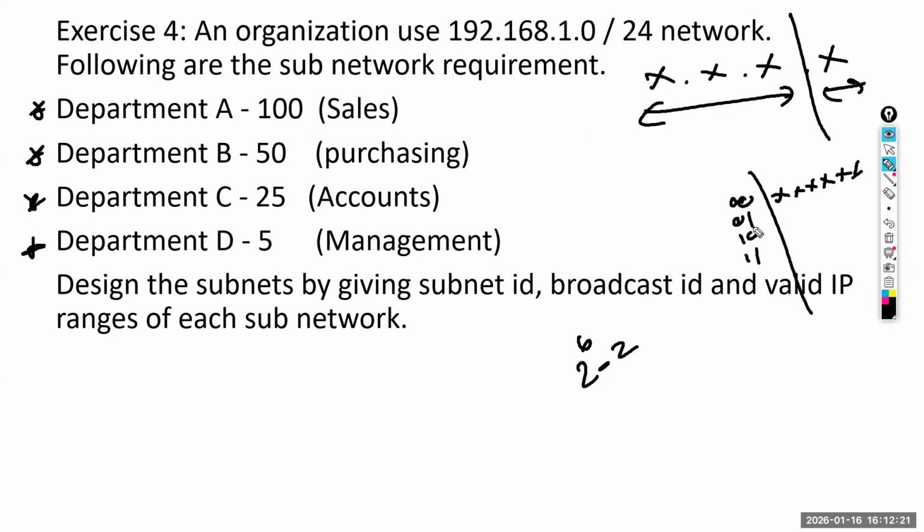So if you go for fixed size subnetworks, we are going to end up with 4 subnetworks, each having 2 to the power 6, which is 2, 4, 8, 16, 32, 64. 64 minus 2, 60 machines. So yes, we can break it into 4 subnetworks. Then the maximum number of machines for each subnetwork is 60.